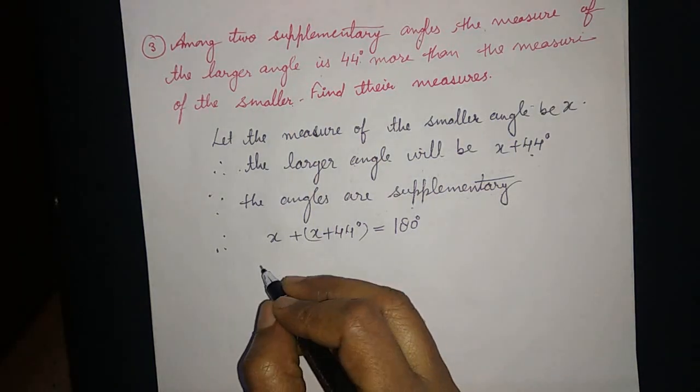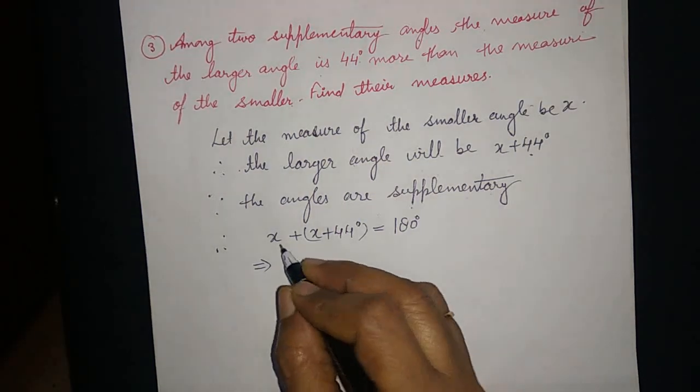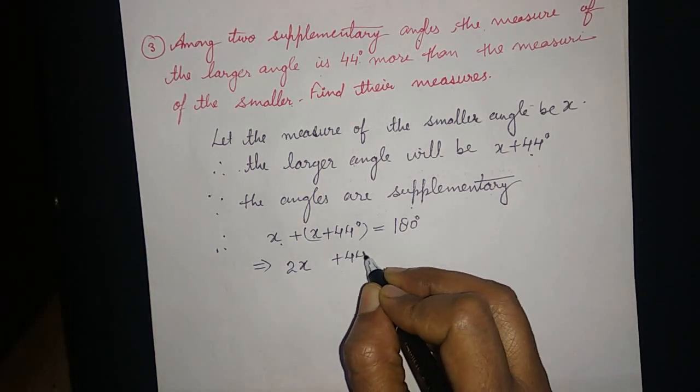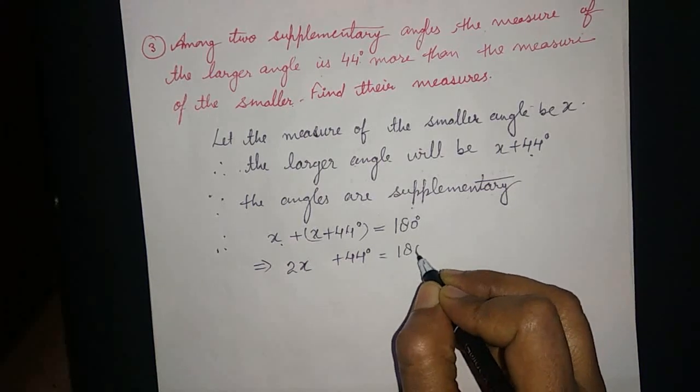Okay. Now in the next step, x plus x, here 2x will come, plus 44 degree is equal to 180 degree.